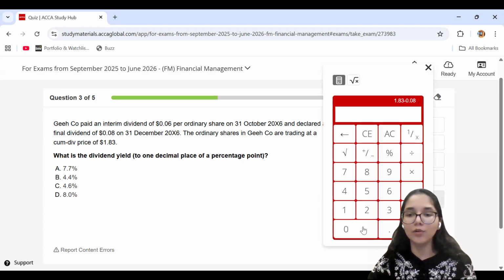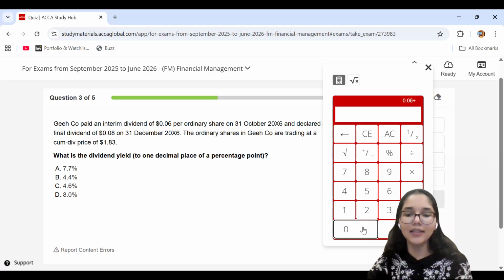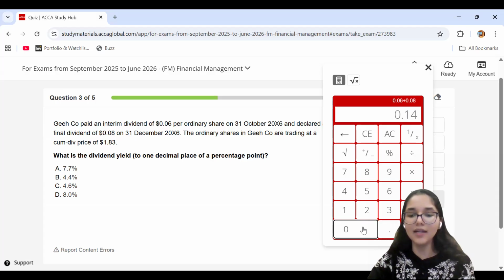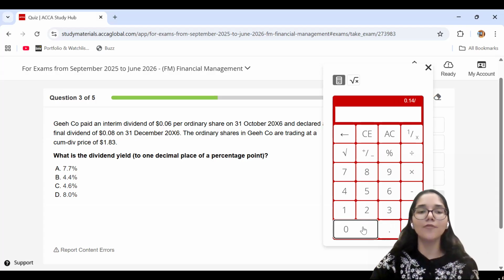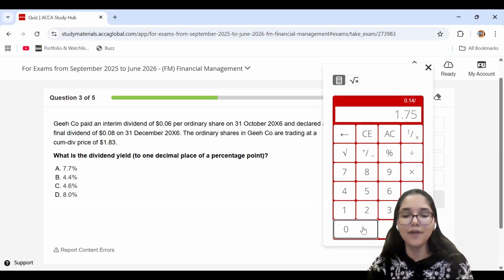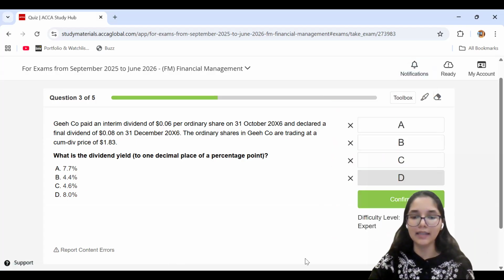So you calculate the total of the dividends, 0.06 plus the other dividend, 0.08. In total, this is the dividend paid, divided by the value of the share excluding the dividend, which was 1.75. So this is going to be your dividend yield. So the answer will be option D.